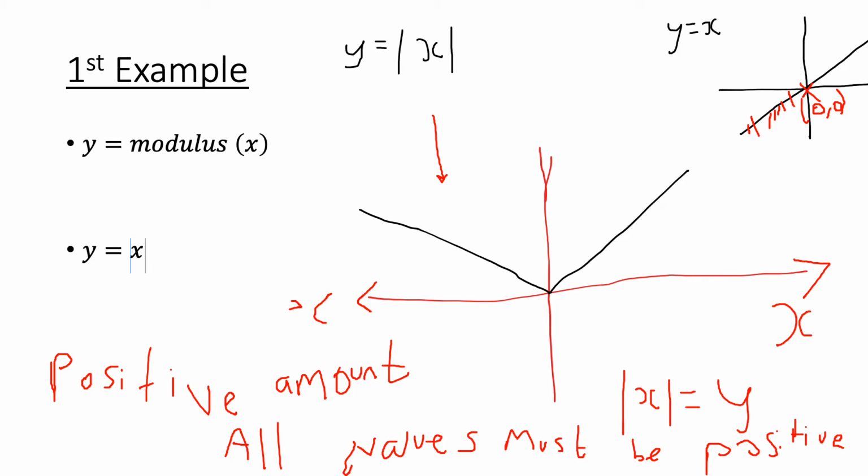So it's the positive y values for the whole range of negative and positive x values. I hope that makes sense so far. Modulus just means the positive amount of a number or a function.